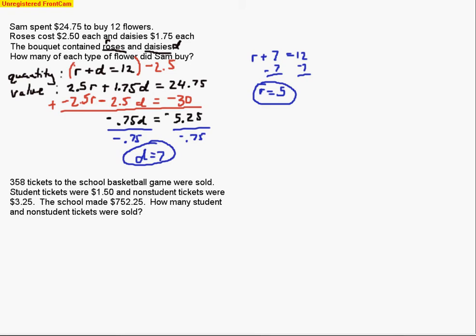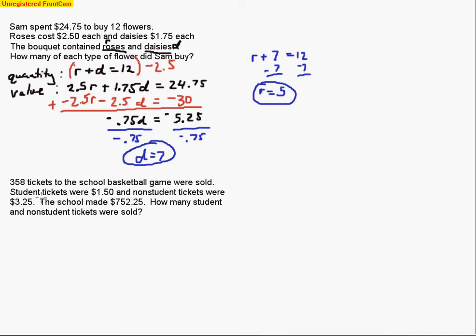Well, this next problem is different in that instead of roses and daisies, we're talking about types of tickets, either student tickets or non-student tickets. But it's set up the same way. It's still a quantity value problem. It gives us 358 tickets to the basketball game were sold. The value of those tickets was $752.25.